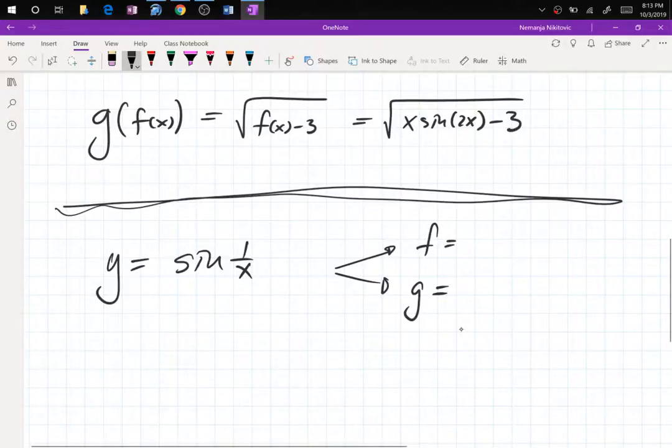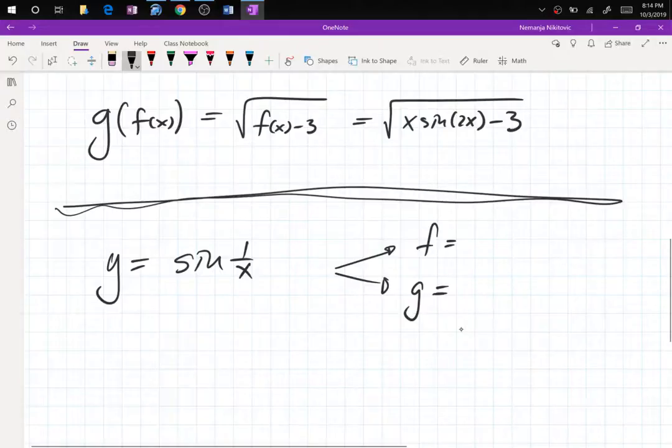That's what I need. Because once you are able to mentally do that, then these derivatives are going to go fine and easy.